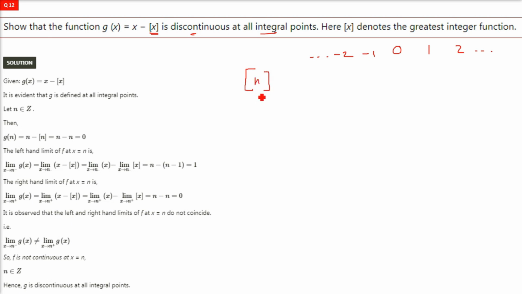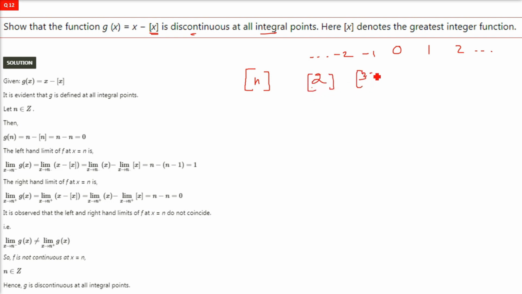Now greatest integer function, let me explain it with an example, that will be better. For example, you take 2 and 3, these are two integers, and there will be actually infinite values in between.